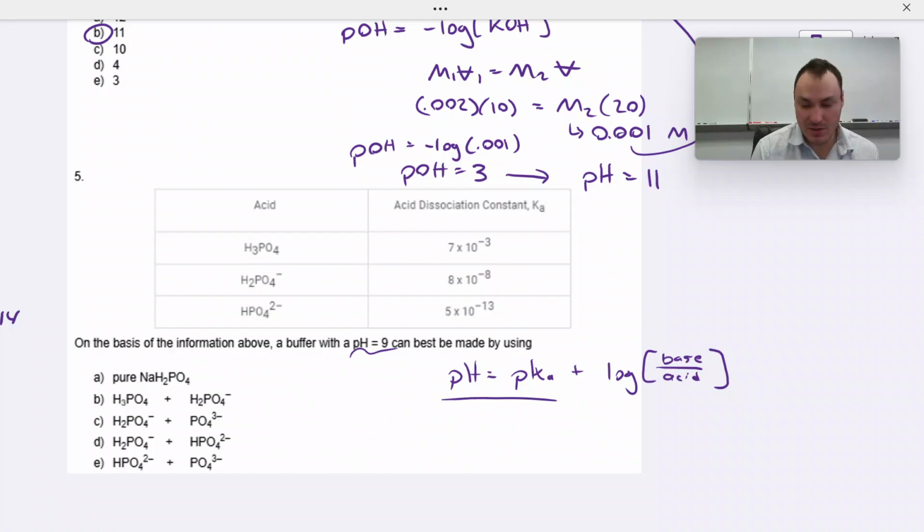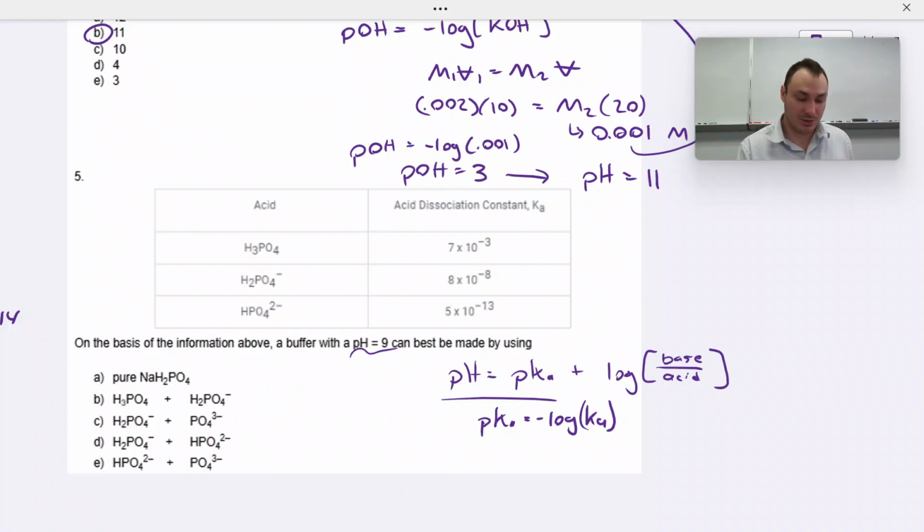Specifically focusing on this section, pH in a buffer solution is largely dictated by pKa. So we should be finding which of these Ka's, when we take the negative log of, because pKa is just the negative log of Ka, is closest to 9. And the answer I can just see by looking at this exponent is the H2PO4.